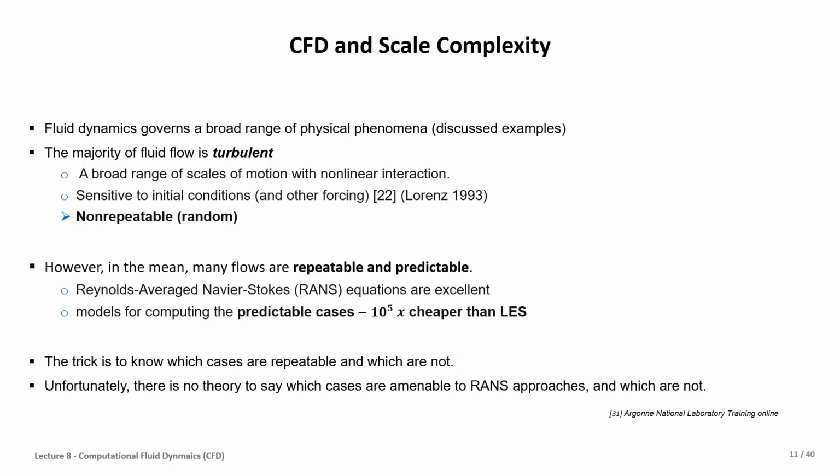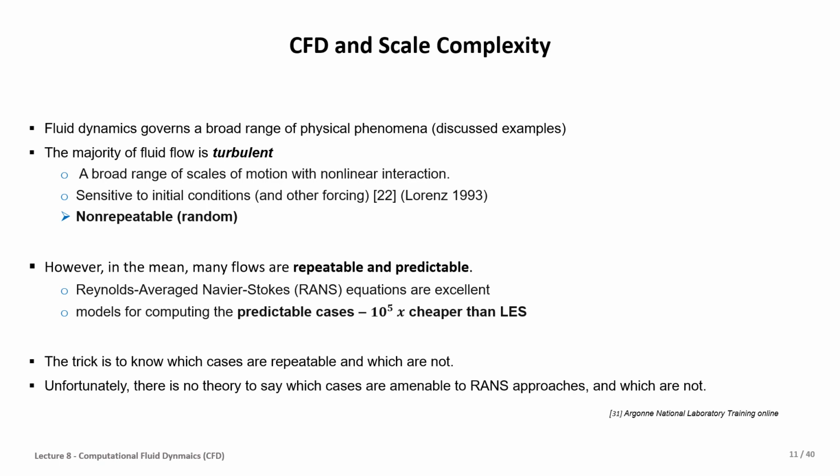About the scale complexity in CFD also, there are many terms that need to be taken into consideration. Fluid dynamics covers a broad range of physical phenomena, but the majority of flow is turbulent, and we can say it has a broad range of scales of motion with non-linear interaction.